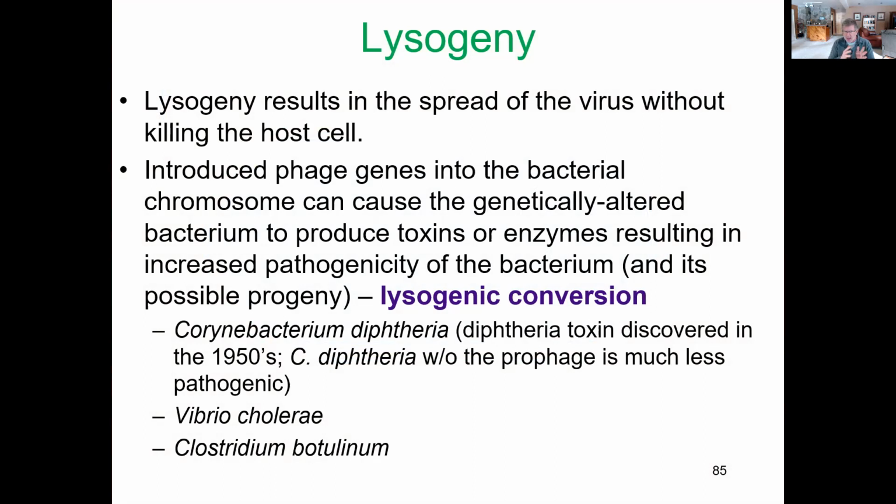But what I want to talk about here is what I alluded to a little bit earlier with regard to how sometimes invasion by phage DNA into a host cell can make it more virulent. Remember me mentioning that about 4 slides ago? So what can sometimes happen is when a bacterium receives DNA from a virus, from a bacteriophage, it can acquire genes that allow it to become more pathogenic.